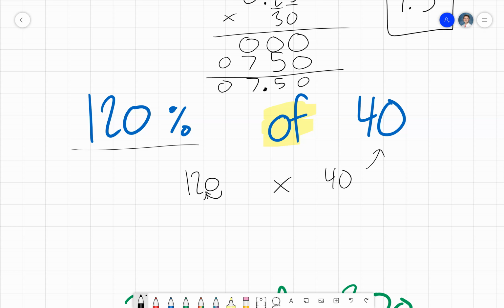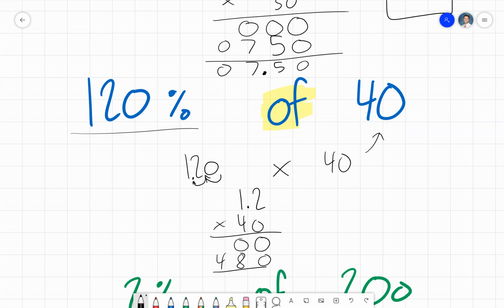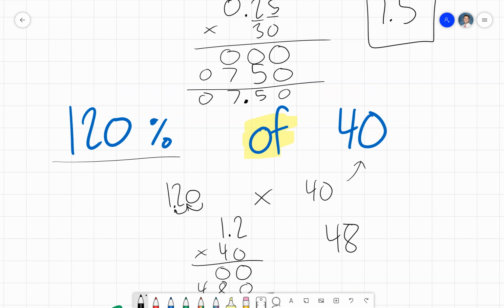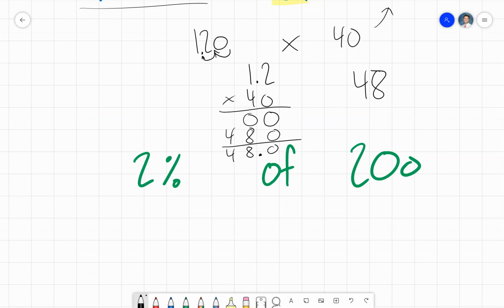That would give us 1.20 or 1.2, and we can multiply that by 40. 0 times 2 is 0, 0 times 1 is 0, 4 times 2 is 8, and 4 times 1 is 4. We have 1 decimal place, so our answer is 48. 120% of 40 is 48.